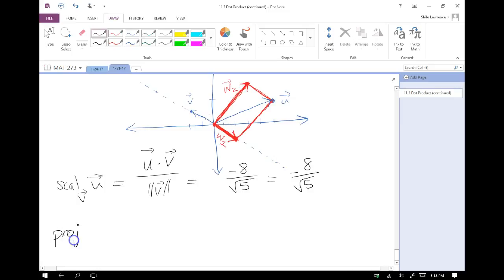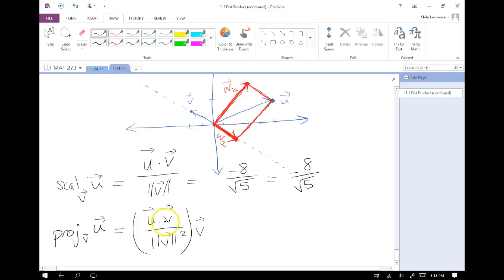For the projection of u onto v, we actually want to know the full representation of the w sub 1 vector. So we're going to do u dot v over the magnitude of v squared and multiply that scalar into v. And it's going to give us a vector answer. And that vector answer is going to be the w sub 1 vector.